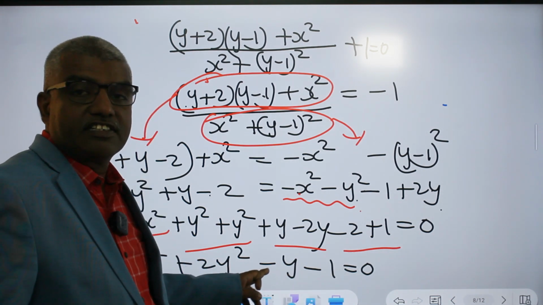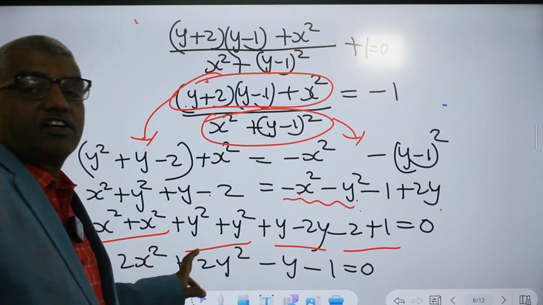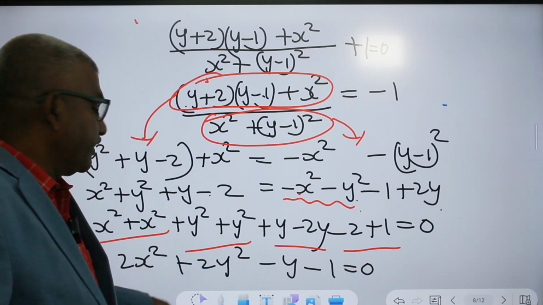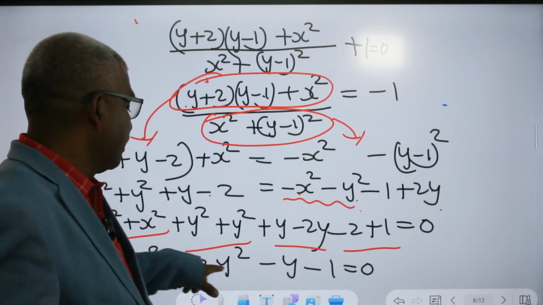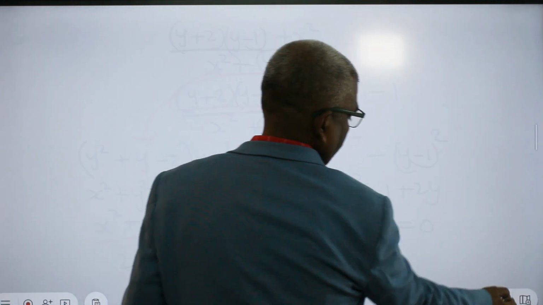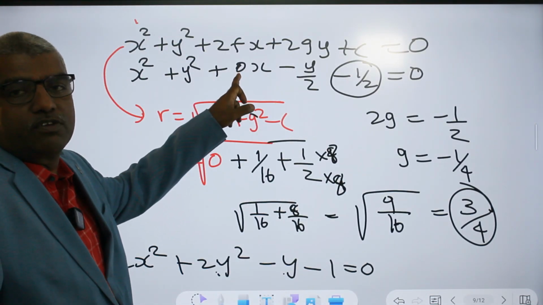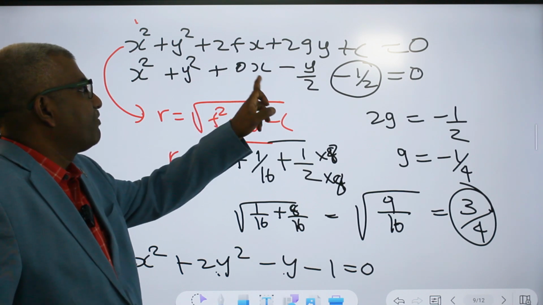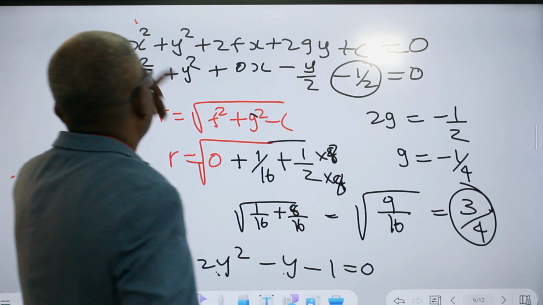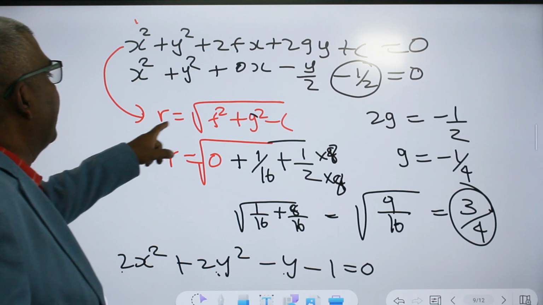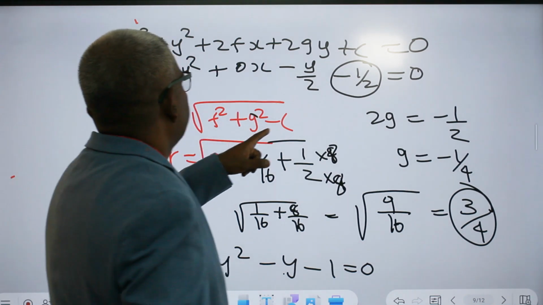They are telling it's a circle. So circle equation is x squared plus y squared, not 2x squared plus 2y squared, so I am dividing everything by 2. X squared plus y squared, since there is no x, I put 0x because 2fx, minus y by 2 minus 1 by 2.